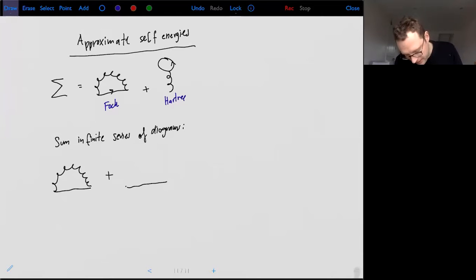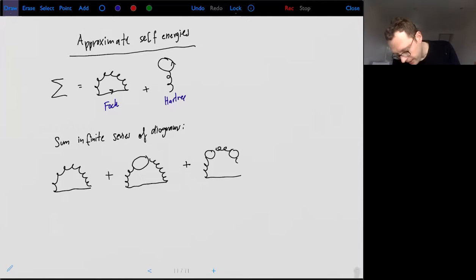So if you look, for example, at this diagram, where we have sort of a bubble, an electron hole bubble inserted into the interaction line, and we can repeat this process basically n number of times. So we can have 2 bubbles in the interaction line, 3 bubbles, and so on and so forth, right?